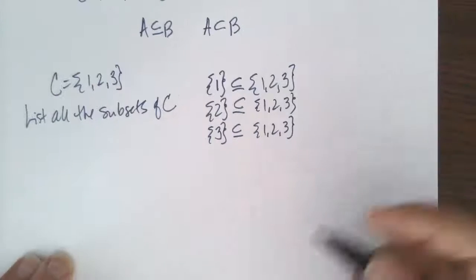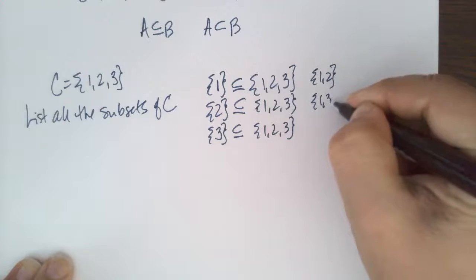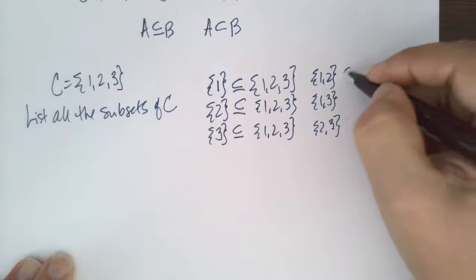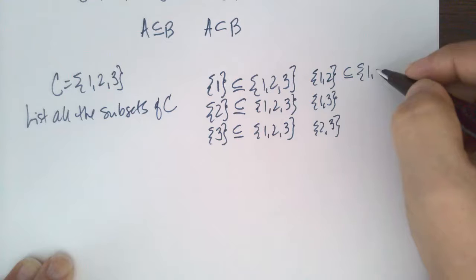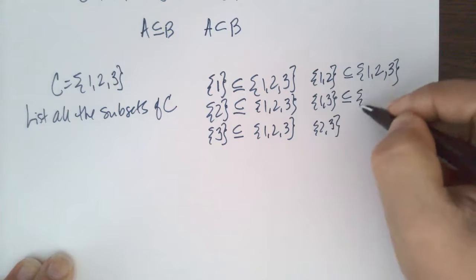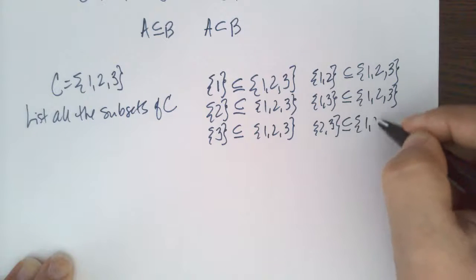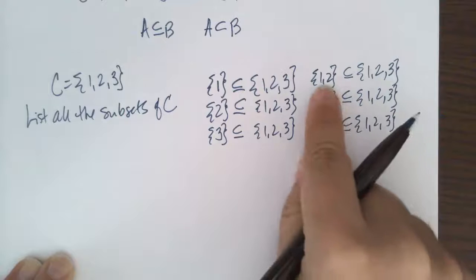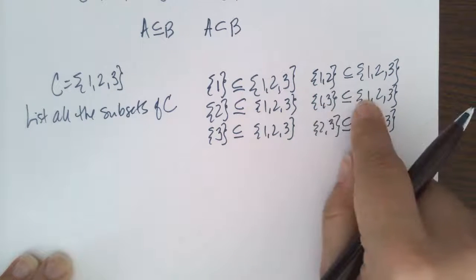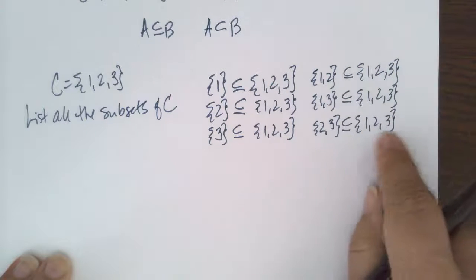Similarly, all the 2-element sets, right? So {1, 2}, {1, 3}, and {2, 3} are also subsets of {1, 2, 3}. Because 1 and 2 are contained in {1, 2, 3}. 1 and 3 are contained in {1, 2, 3}. 2 and 3 are contained in {1, 2, 3}.